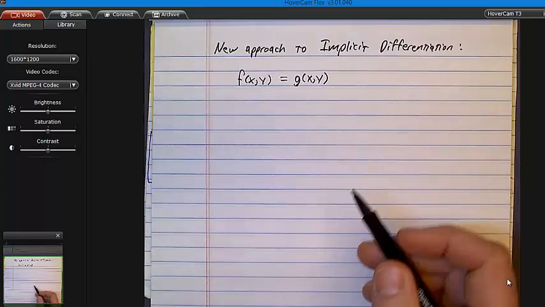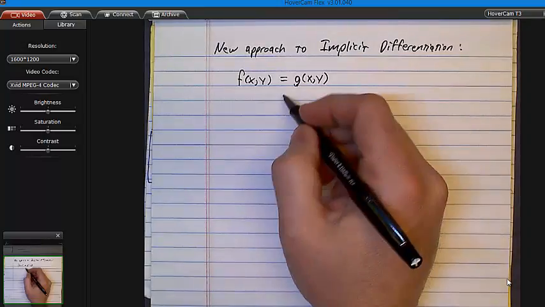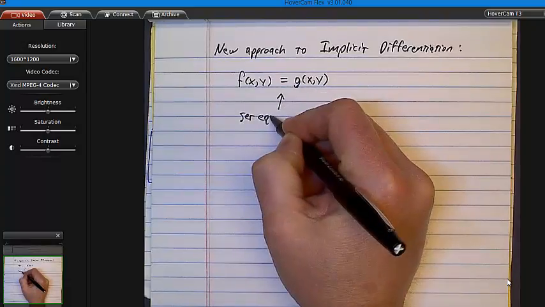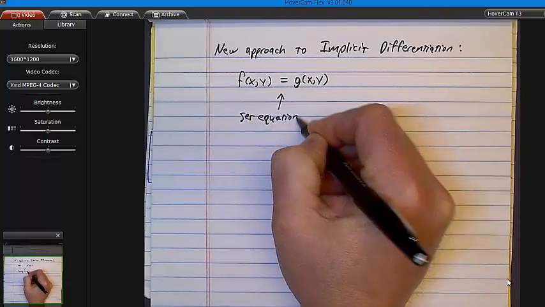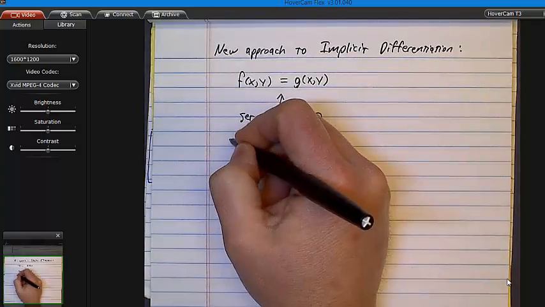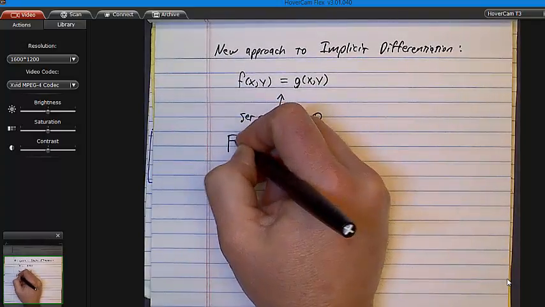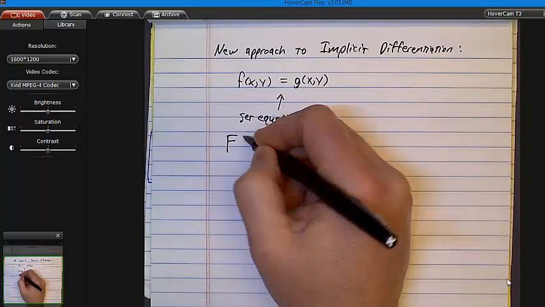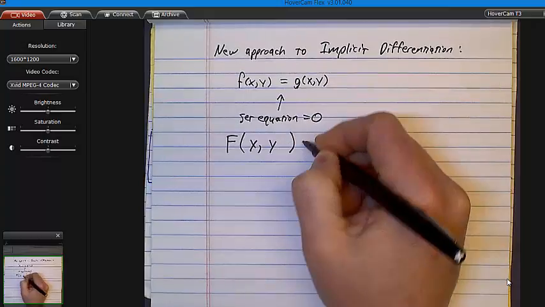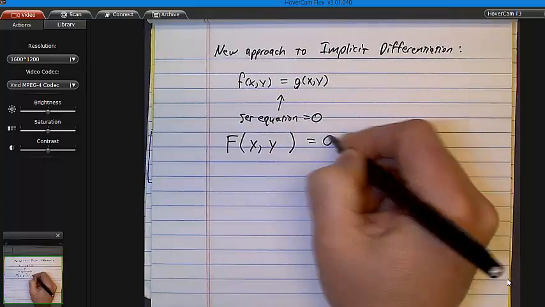What you do is you set the equation equal to 0, and so you get big F of x, y equal to 0, right?